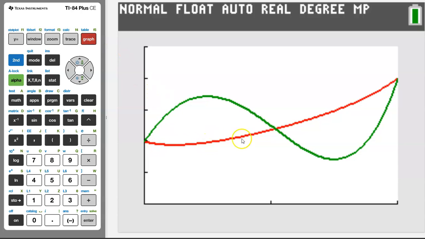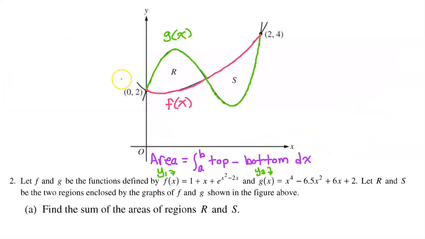So the red graph, the bottom graph, is f, and the top graph is g. So here I've changed the colors on my graph to match what's on my calculator. I need to know what the x value of this intersection point is so I can set up the limits of integration for this problem.